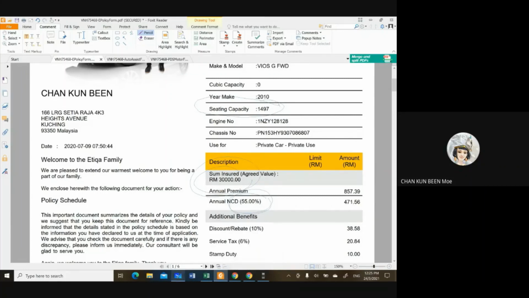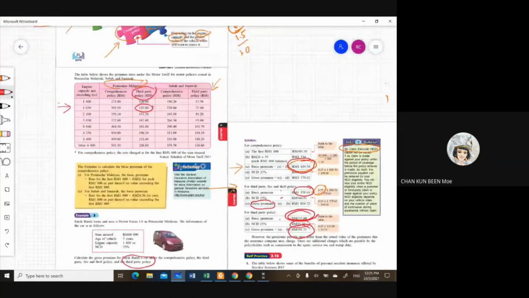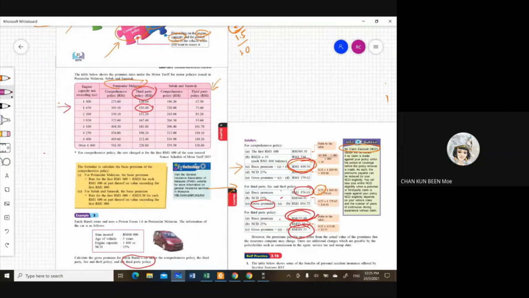So if I follow this, mine is under this category. I use purple color. So mine is less than 1,005, this category. I drive it in Sabah and Sarawak, and the premium that I bought is comprehensive policy. So at least 220 I need to pay. My sum assured is 30,000.